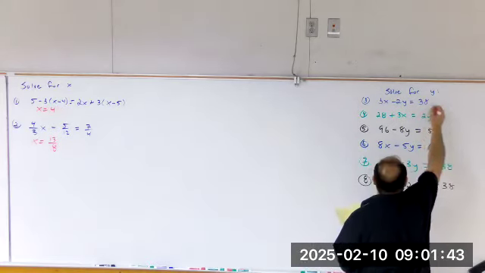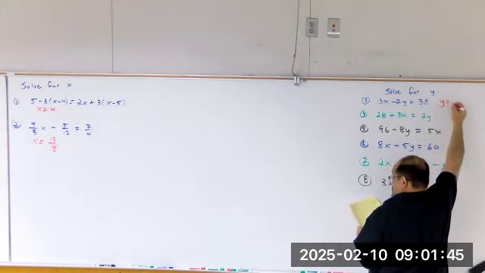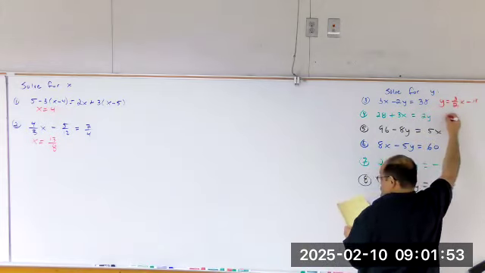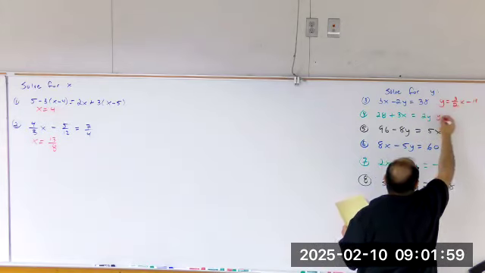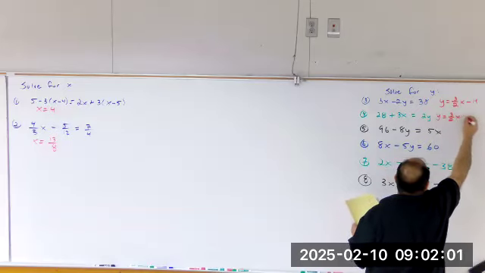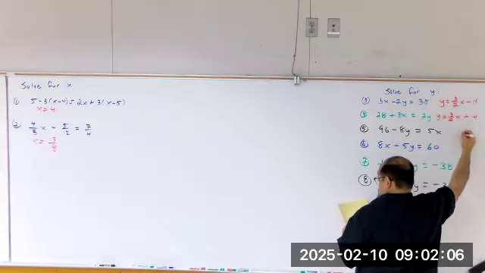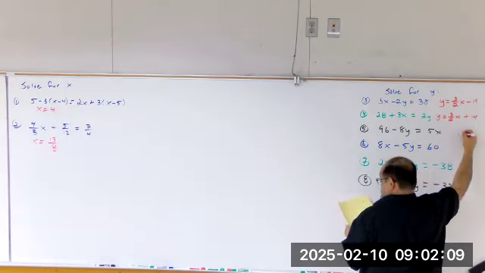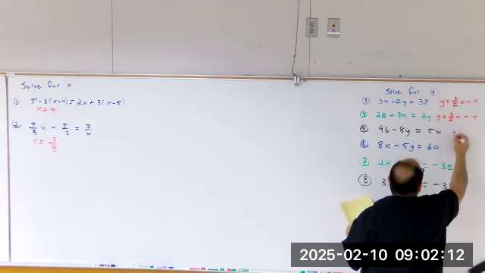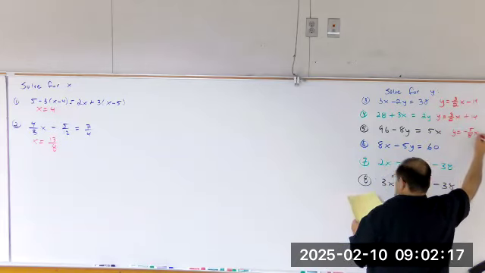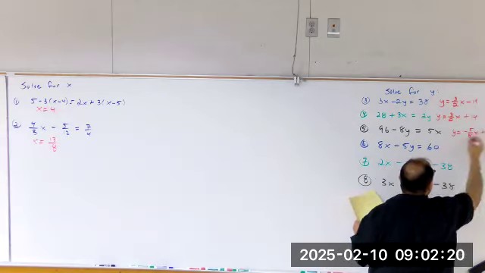So number 3, we're going to get y equals 3/2x minus 19. And on number 4, we're going to get y equals 3/2x plus 14. On number 5, we're going to get y equals -5/8x plus 12.